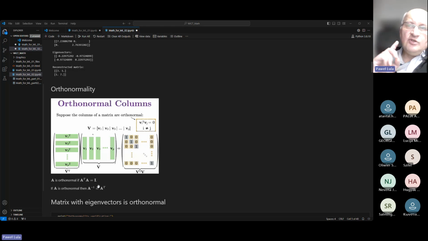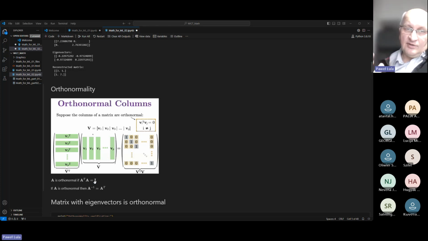But I think that you remember a very similar rule. When we are talking about inversion of a given matrix, also we remember that matrix after inversion multiplied by original matrix also gives identity matrix.